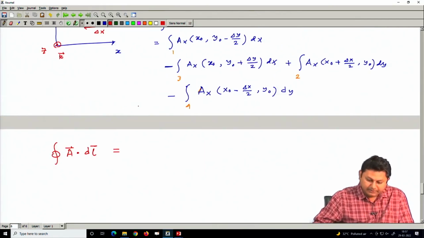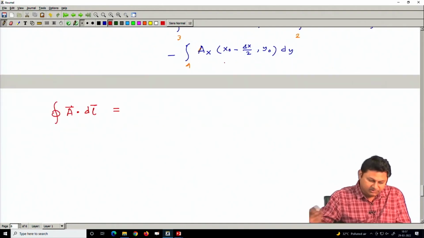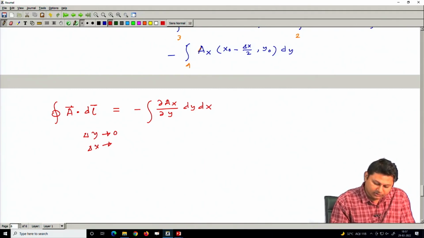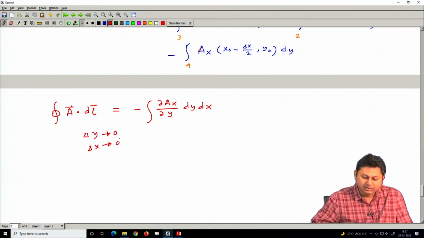If I just extend this Taylor series expansion, you will simply get minus the integration of del A x by del y dy dx, with the condition that delta y tends to 0 and delta x tends to 0, for very tiny intervals.